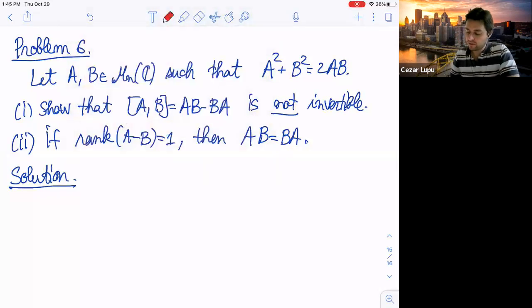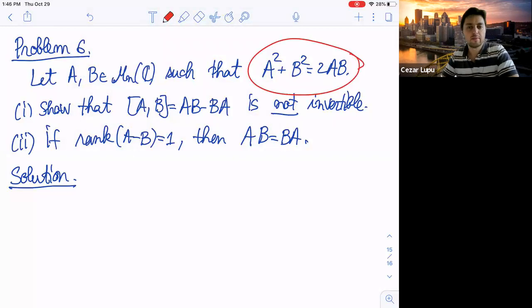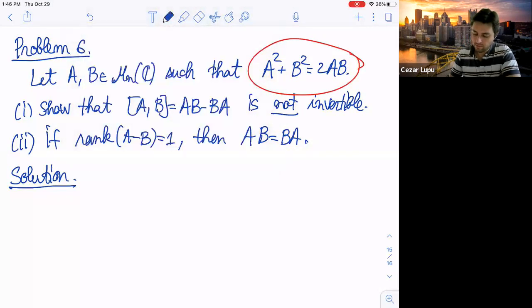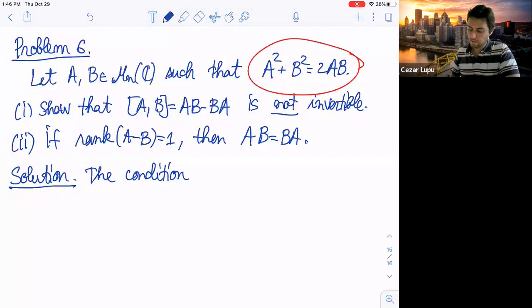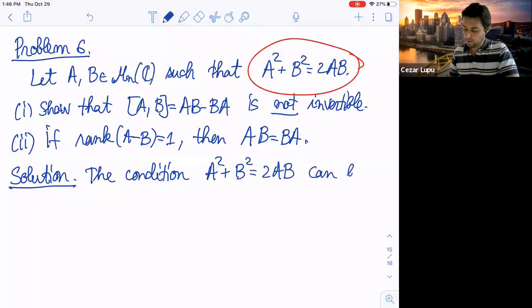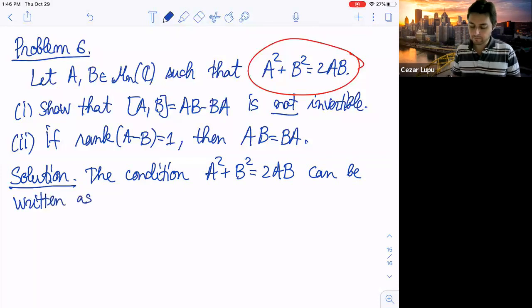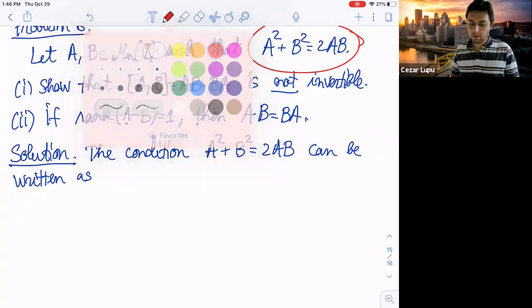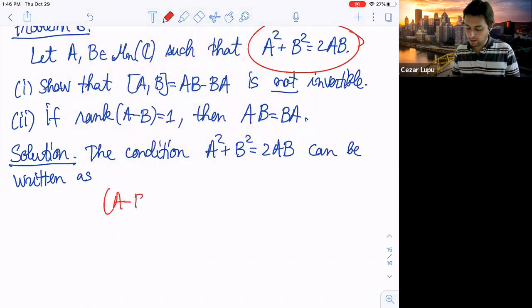First, what we need to do is rewrite this condition in two ways. The condition a squared plus b squared equals 2ab can be written as, and let me write this with a different color, a minus b, everything squared.